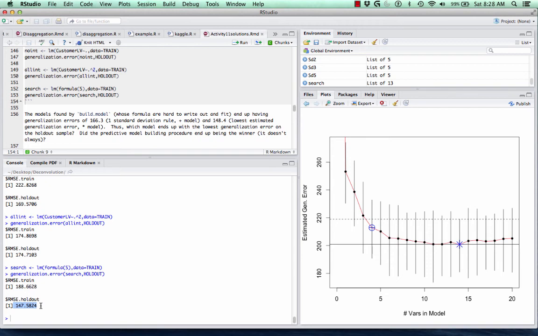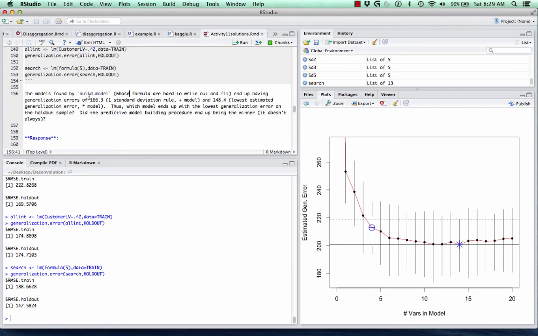Now, those models aren't designed to make good predictions, but it usually makes sense that if you end up with a model that is closer to the truth, it probably will be predicting better on new data. But let's see how well the models found by build model actually do. In this case, the formulas are hard enough that I don't actually have you fit them.